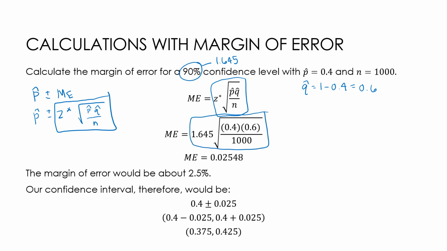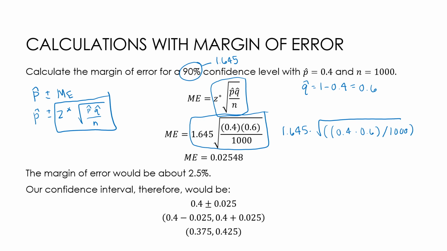So I didn't show you any steps in between because I encourage you not to do the steps in between, but just to do all of it in your calculator by entering 1.645 times and then the square root sign, and usually that brings up a parenthesis. Usually I add another parenthesis and do 0.4 times 0.6, close that parenthesis, divided by 1,000.